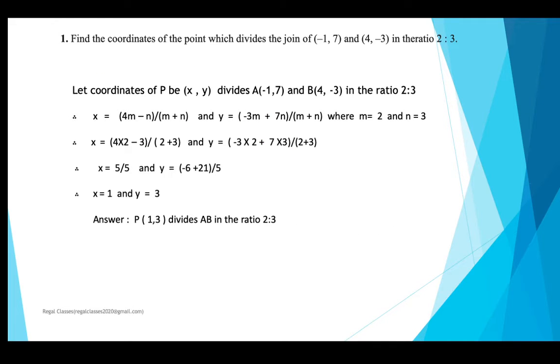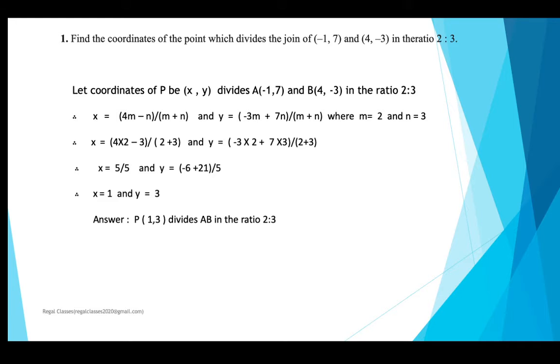So let's start with the first problem. Find the coordinates of the point which divides the join of minus 1, 7 and 4, minus 3 in the ratio 2 is to 3. So let P be x, y, which divides AB, minus 1, 7 and 4, minus 3, in the ratio 2 is to 3.